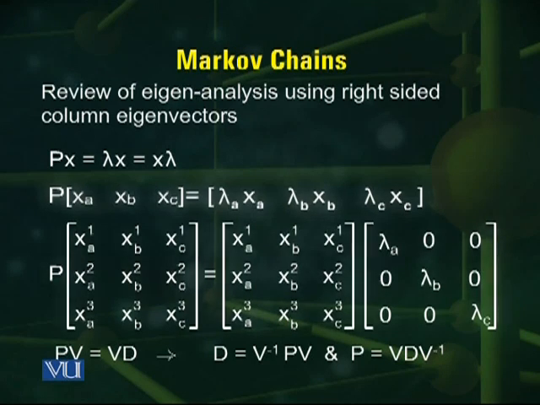And if you expand these column vectors again and write them in a matrix multiplication form, you will have this matrix with the 3 entries of XA being the first column, 3 entries of XB being the second column, and 3 entries of XC being the third column.